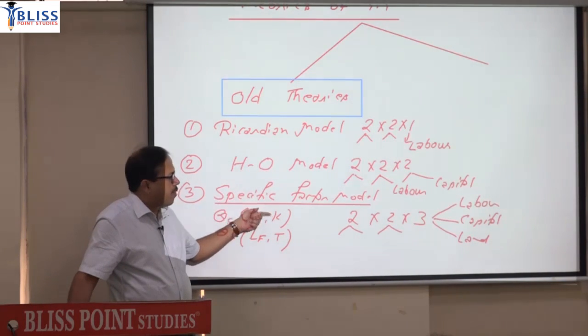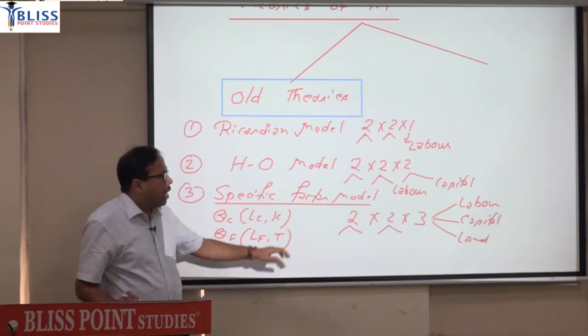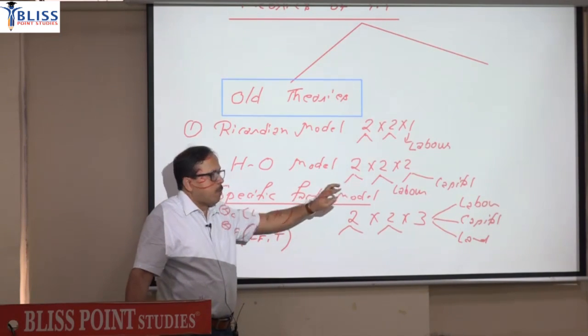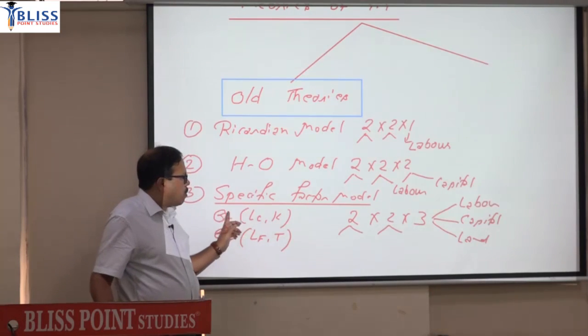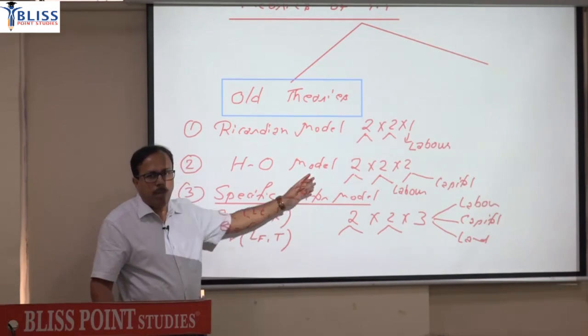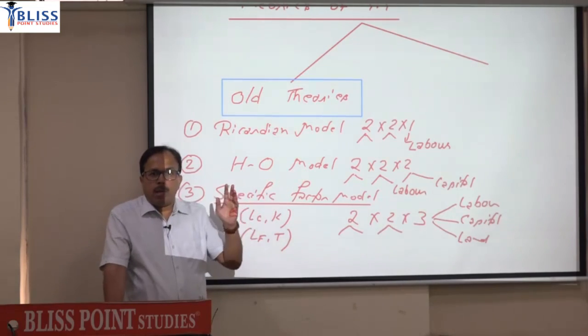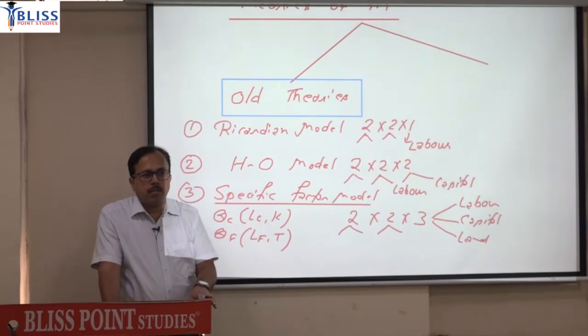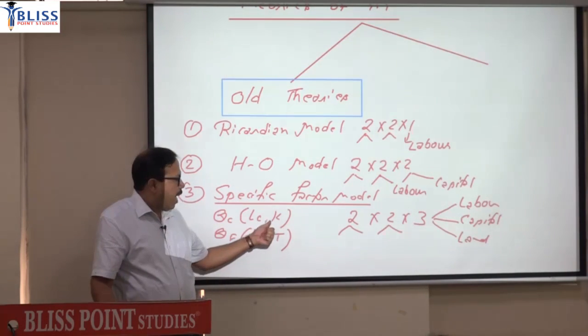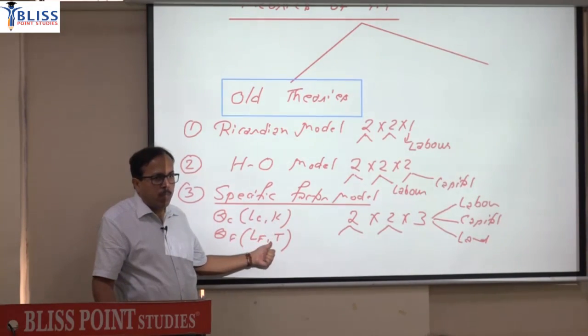In this model, what will be the difference? Here also cloth and food will be produced by using labor and capital. Here also cloth is being produced by using labor and capital, but here labor and capital both can move from one industry to another industry. But here capital is no longer required in the production of food.